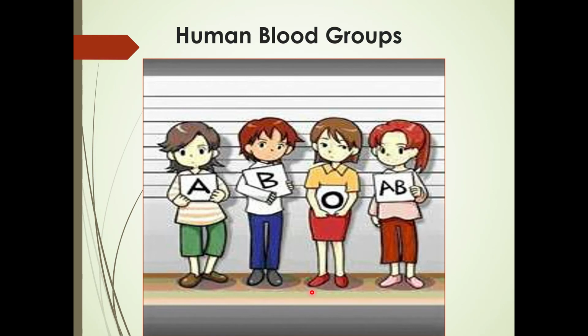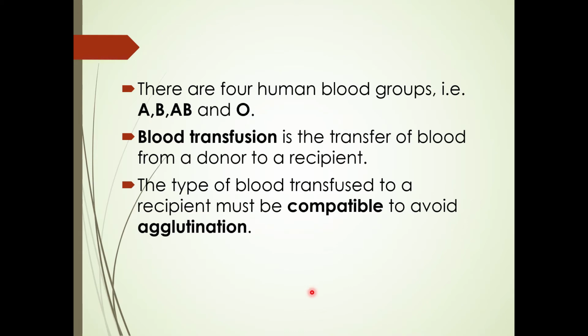Next we see about the human blood groups. There are 4 human blood groups: A, B, AB, and O. And the blood transfusion. So what is a blood transfusion? It's the transfer of blood from a donor to a recipient. Let's say someone has an accident and they lost a lot of blood.